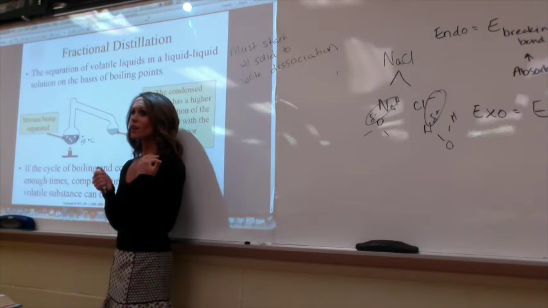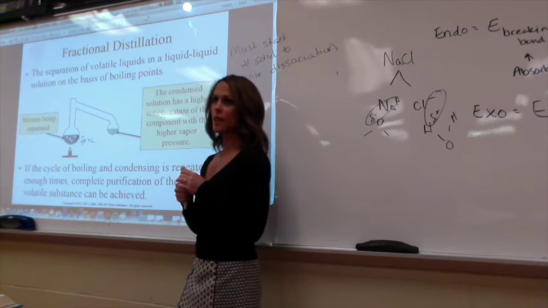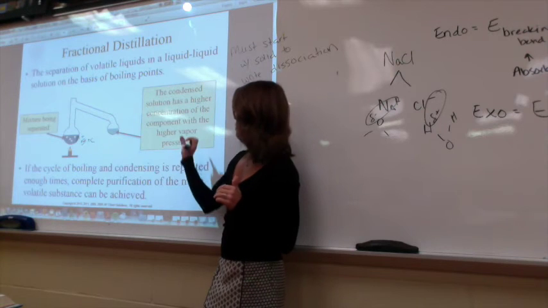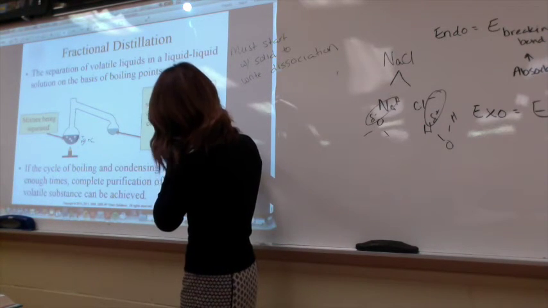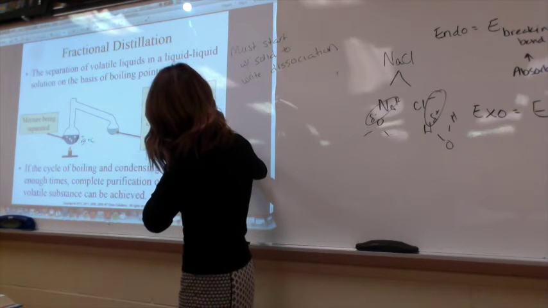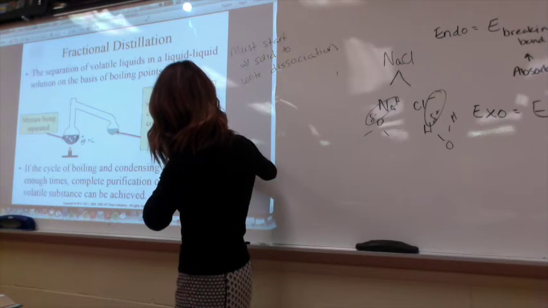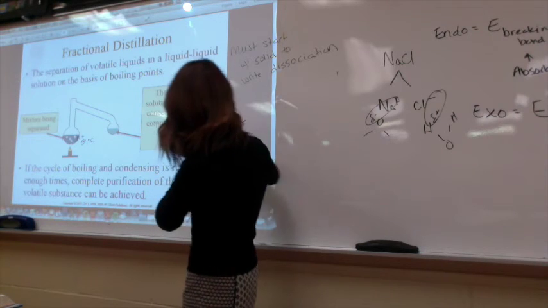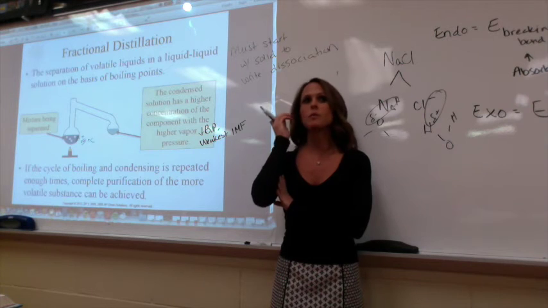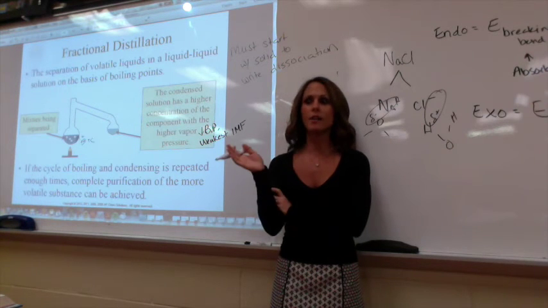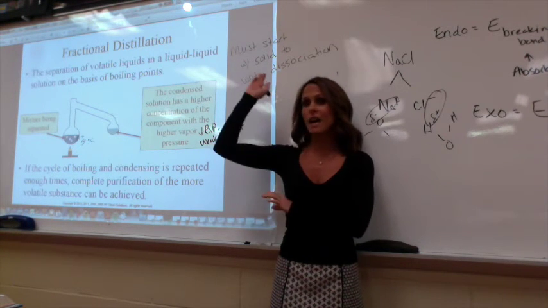The highest vapor pressure means lowest boiling point and weakest intermolecular forces. That's what highest vapor pressure means, right? So weak intermolecular forces mean low boiling point and high vapor pressure. That one comes out first.